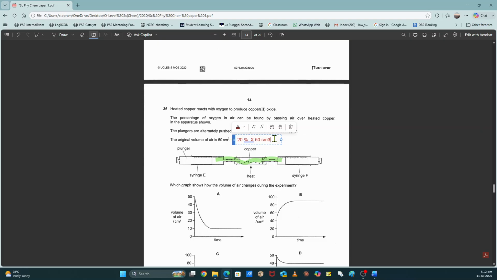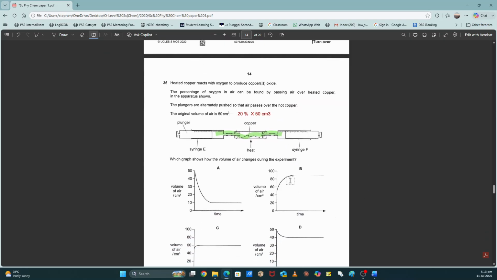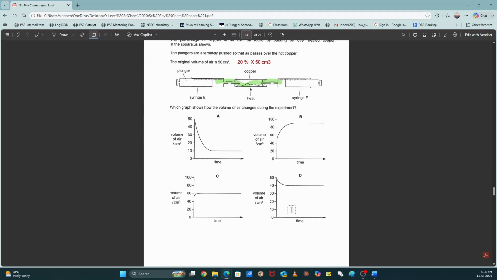So how much oxygen is that? Right? Is it 10? So that means 10 is used up. If 10 centimeter cube is used up, so how should it look like?